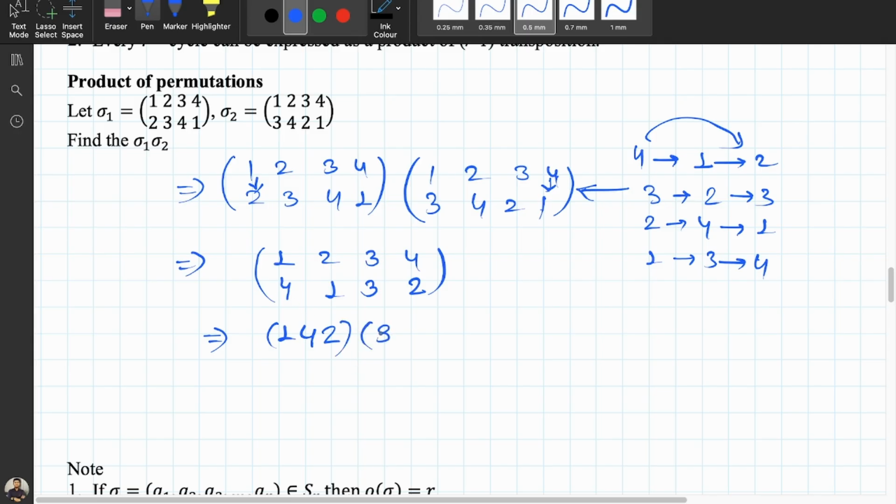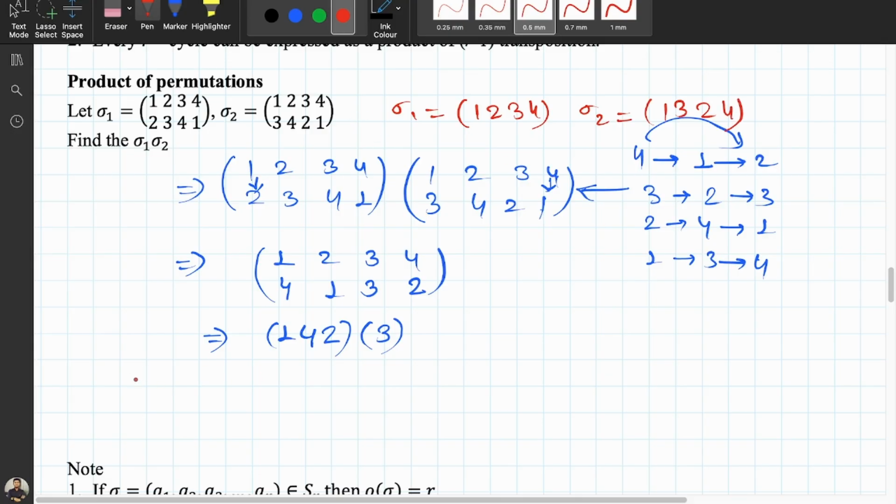Here it is 3. So simply, what is this cycle? Sigma 1 can be given in this form also: 1 goes to 2, 2 goes to 3, 3 goes to 4. This is your sigma 1. And if you want to write sigma 2, that is 1 goes to 3, 3 goes to 2, 2 goes to 4.